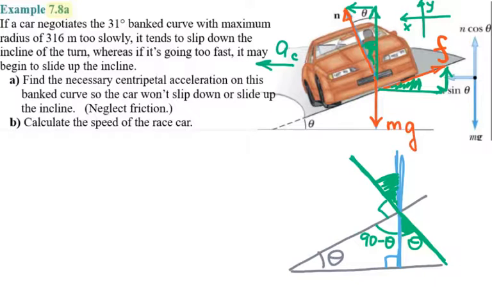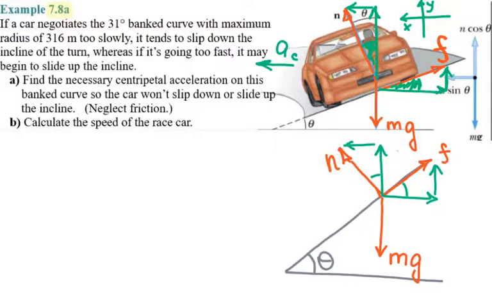So from this information that I know, I have my horizontal forces, which is F cosine, the friction horizontal component, and I have the normal sine, and I have vertical, which is normal cosine and friction sine.